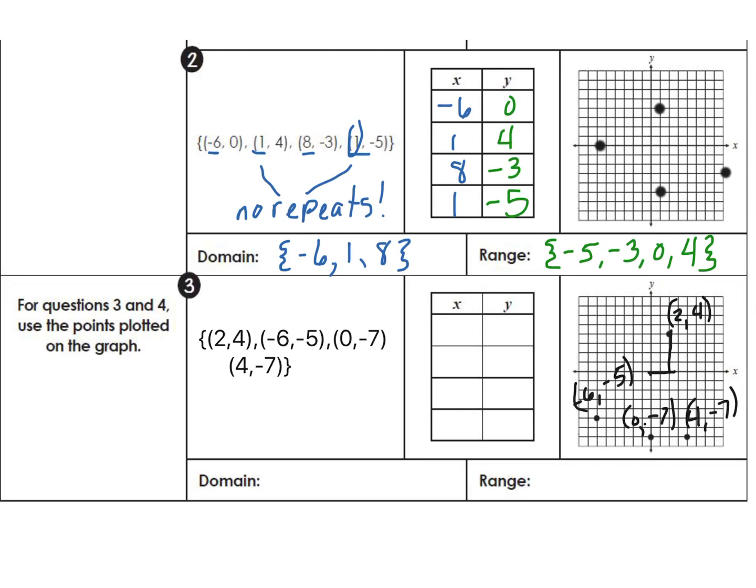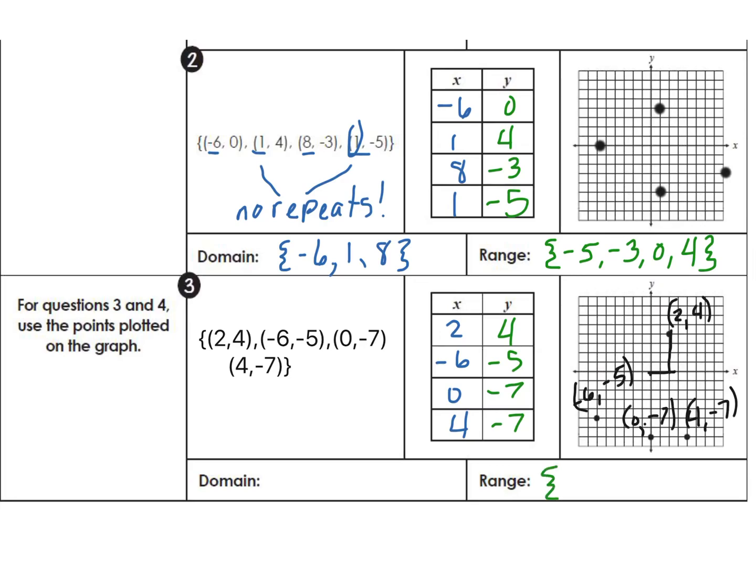Now what I'm going to do is identify my domain and my range and fill in my table. So go ahead and identify your domain values, identify your range values, okay?